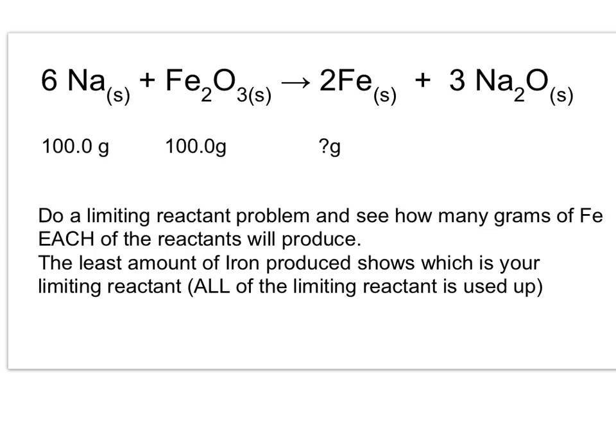Good, so here's my balanced equation, and I'm going to have you guys try this. I want you to pause the video and see if you can find out what is the limiting reactant, which you should be able to do.